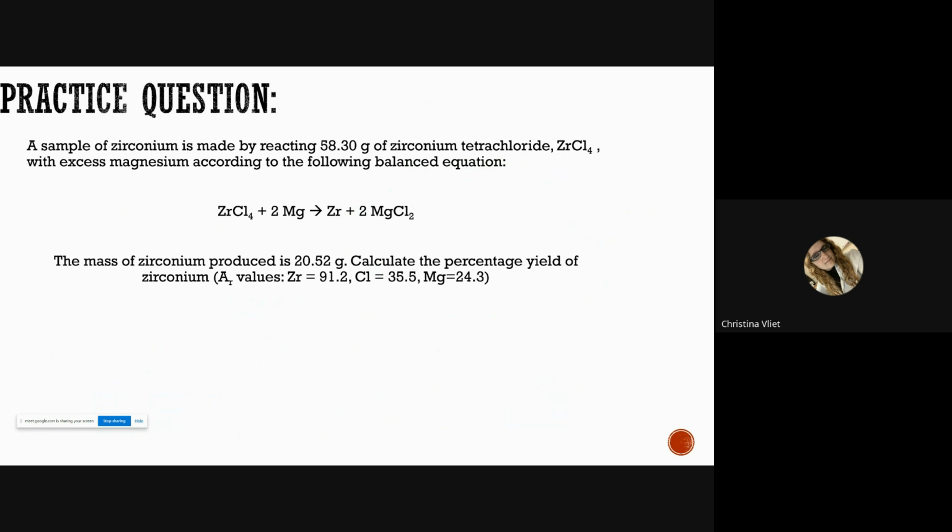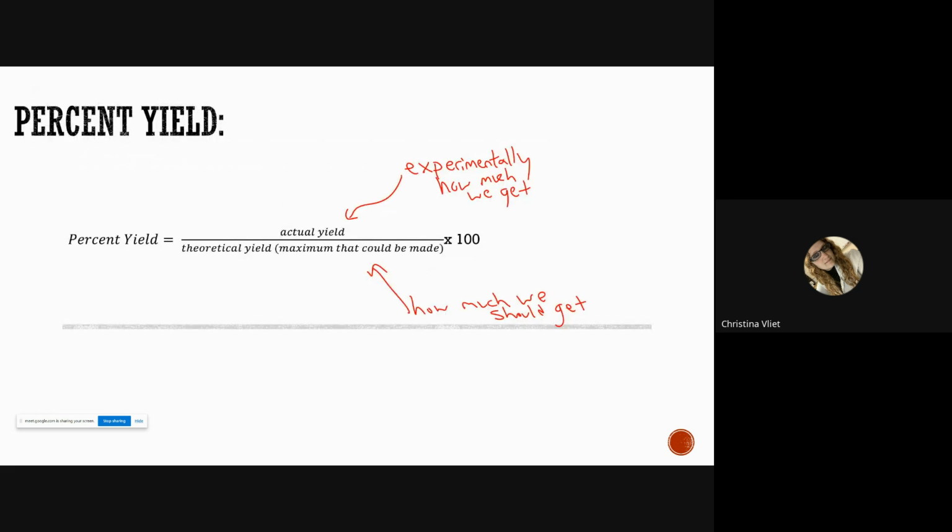What you would have to figure out is, to get the percent yield, you can only figure out the actual yield experimentally, right? So that means you have to be told this. If you're not doing the experiment, and it's on a paper 2 or paper 1, you have to be told this, or you have to be told that, right? You have to be told one of those two if you're not doing the experiment.